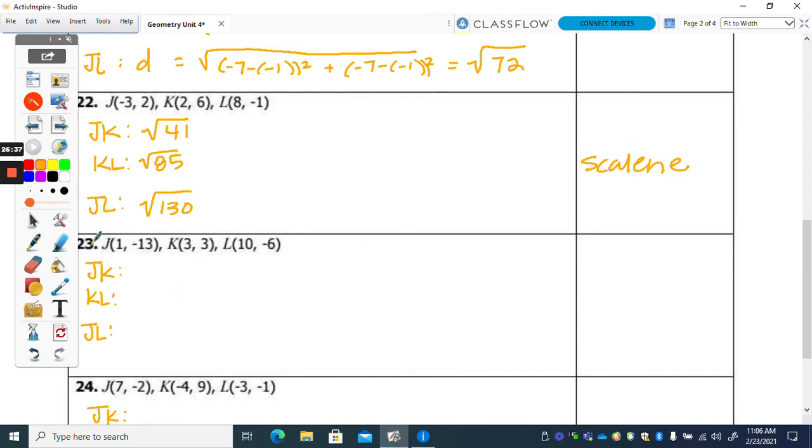Noah, what's the distance on number 23 from J to K? I got 16.1. Nope. I need a square root. The square root of what? You must have rounded to get 16.1. I just put it straight in the calculator. Yeah. So you need to put it straight in the calculator without the square root because it's not a perfect square.